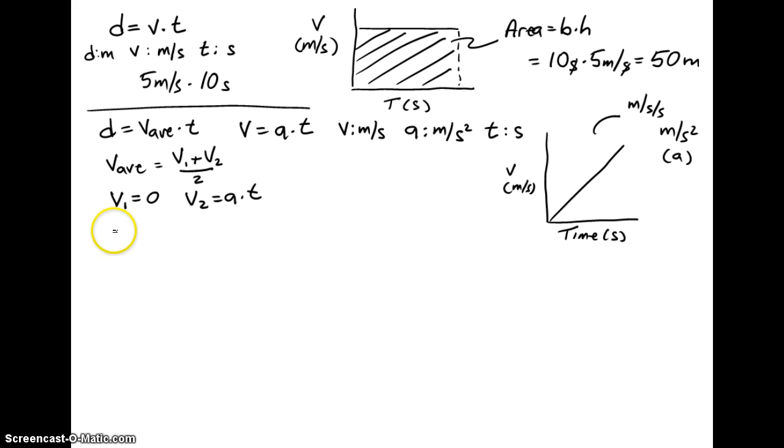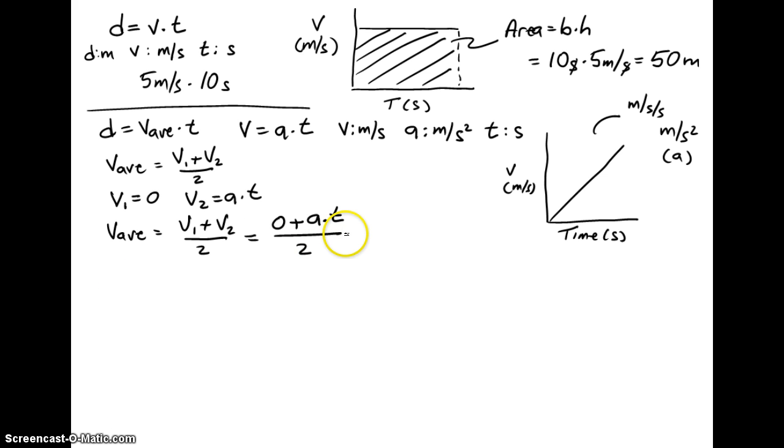Let's go ahead and do some substitution. So our average velocity is going to be equal to velocity 1 plus velocity 2, over 2. Velocity 1 we know is 0. Velocity 2 from this equation I can see is acceleration times time, a times t, again we'll divide by 2.